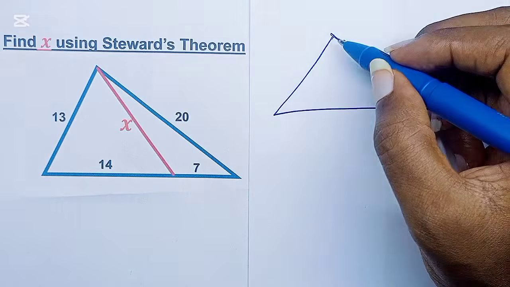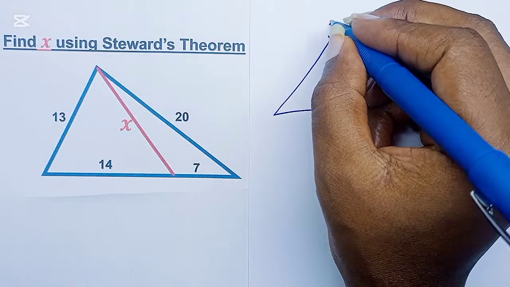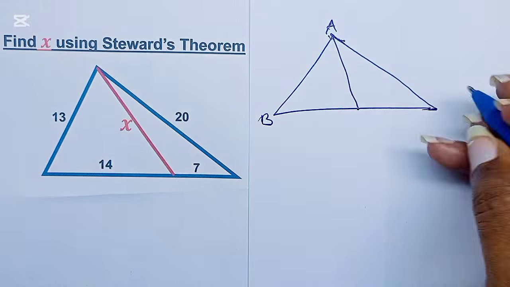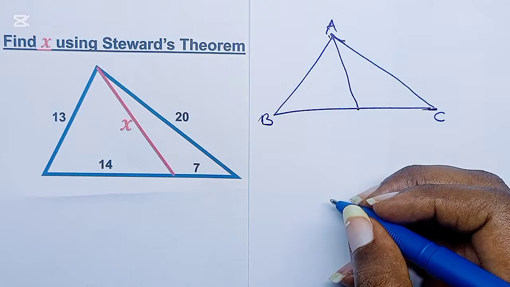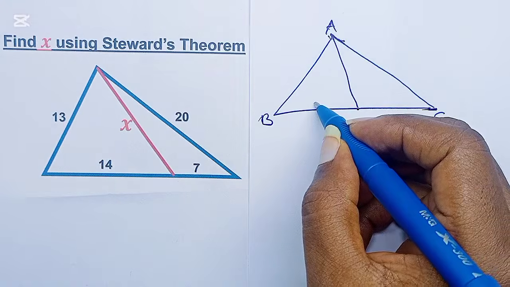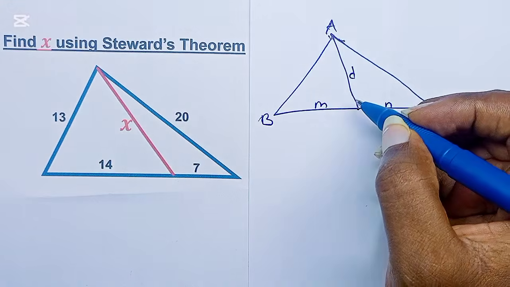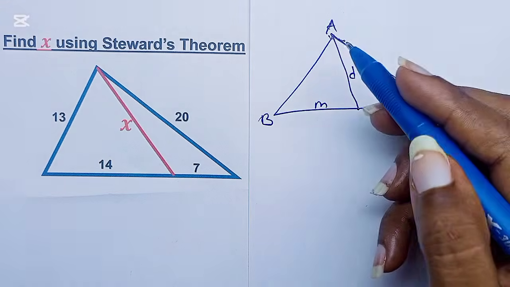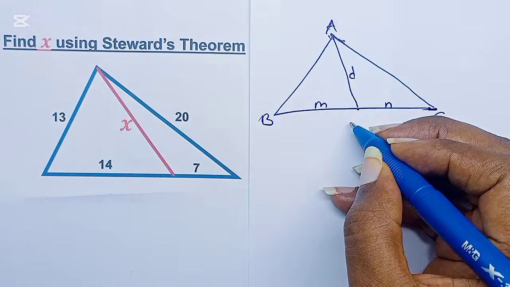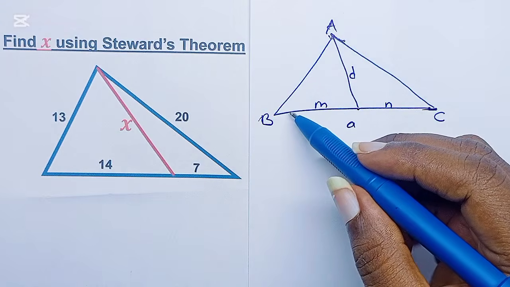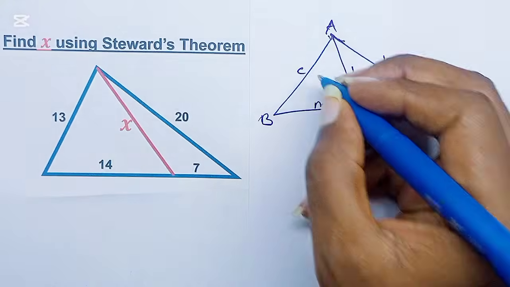Now, according to Stewart's theorem, if you have a triangle of this nature, where these are A, B, C, and this side is M, this is N, and this is D. The side opposite A is small a, opposite B is small b, and opposite C is small c.